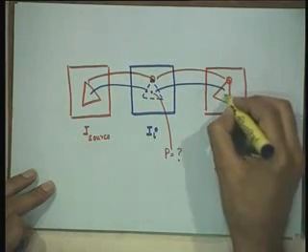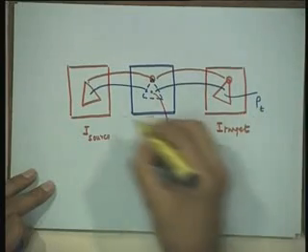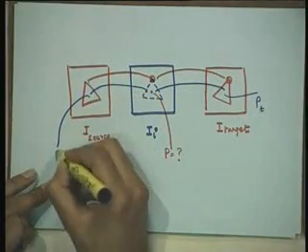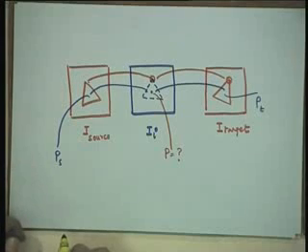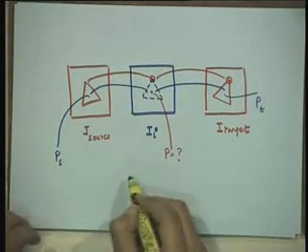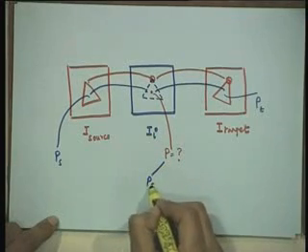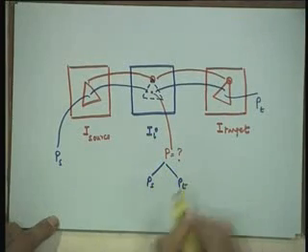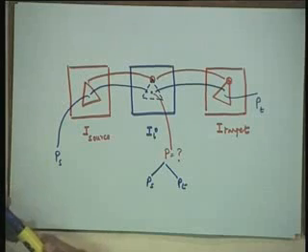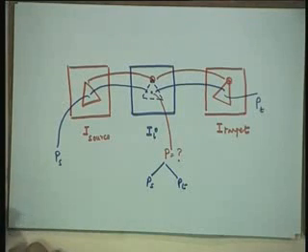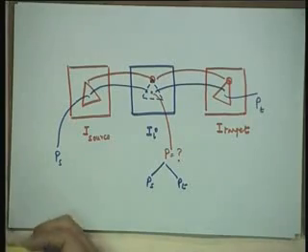Let's call this P target, P source. So now the question is how this P is related to PS and PT. Exactly the same as the vertex point.